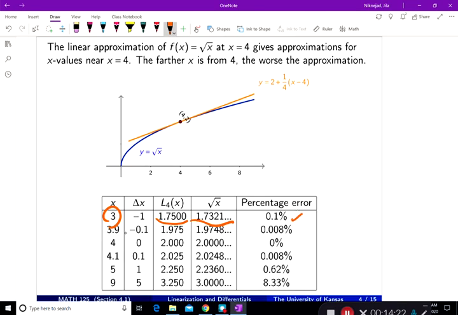And then if you plug in 3.9, the actual value is here. What you get from tangent line is that. Subtract the 2, divide by the actual value. This is the percentage error that you get. Again, this is the point we're approximating at. At 4.1, you get this value.